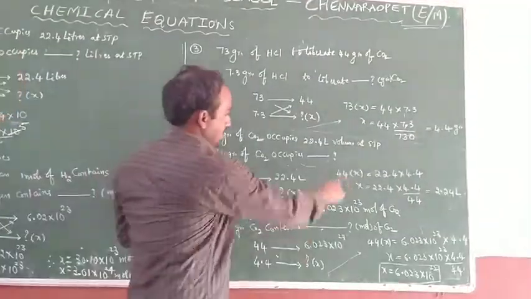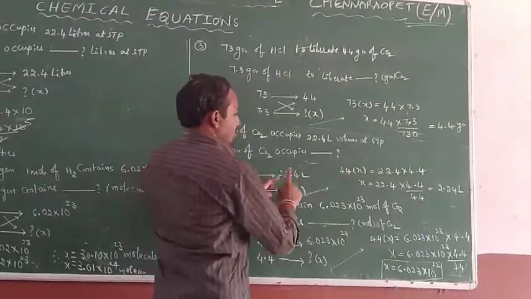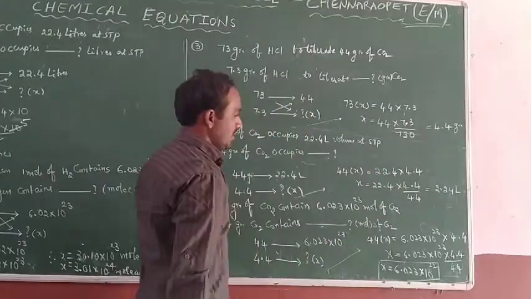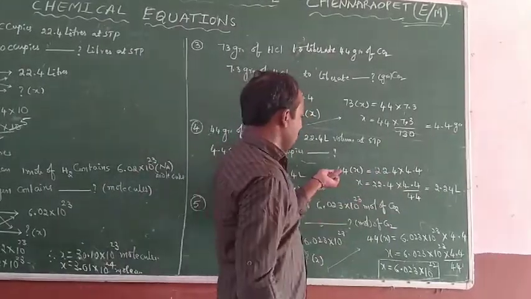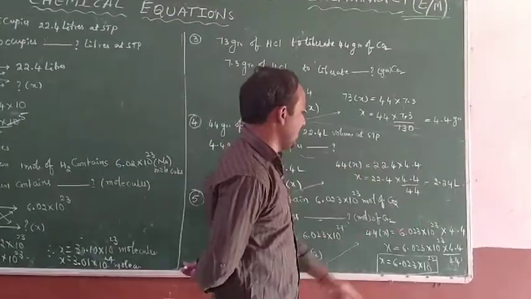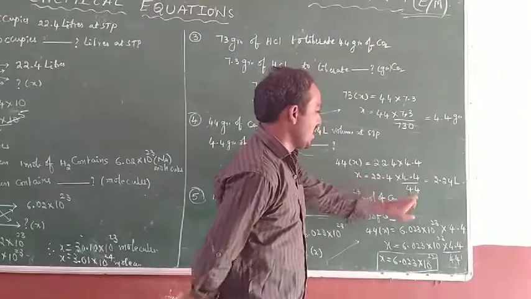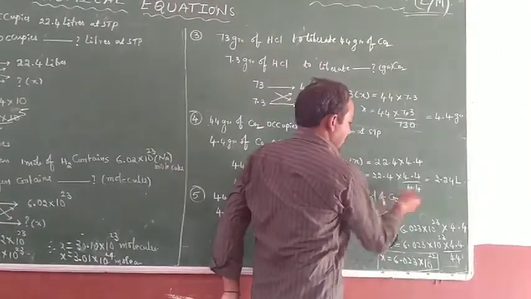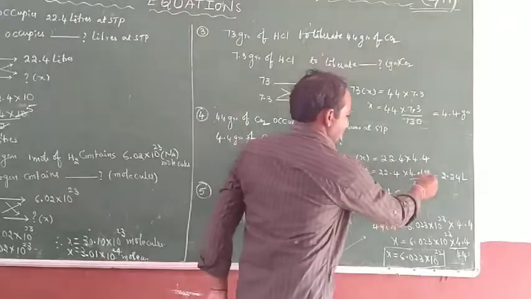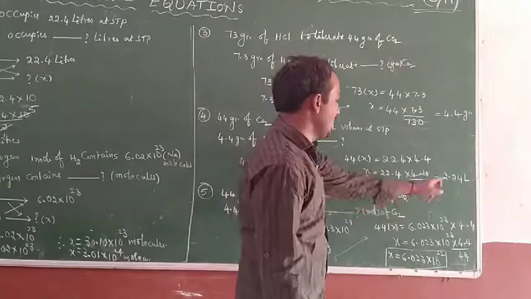So here 44 into x is equal to 4.4 into 22.4. Then x is equal to 4.4 into 22.4; the 44 multiplied with x on the left side goes to the right side as a divisor. So 4.4 divided by 44 is nothing but 1 by 10, so we remove the point.